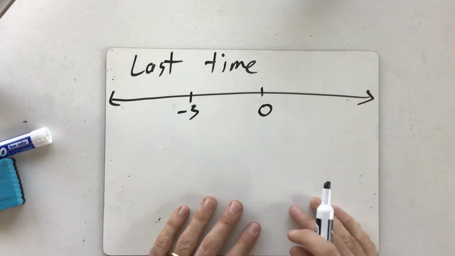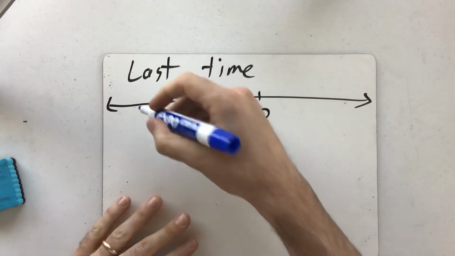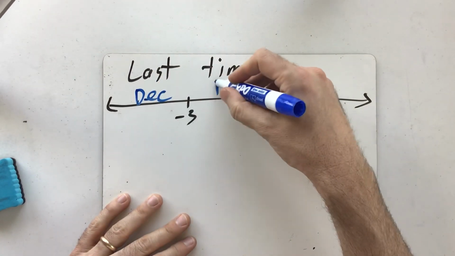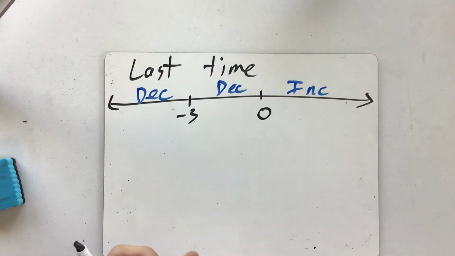So I think it had 0 and -3. Hold on, I'm just checking to make sure I'm doing things right. All right, 0, -3, and our function was decreasing and increasing. So I believe that's what we had from last time.